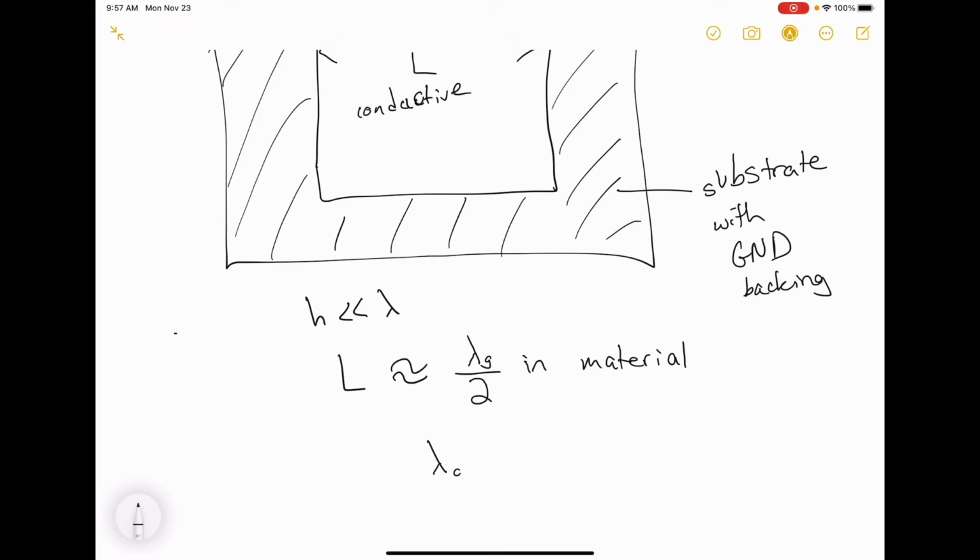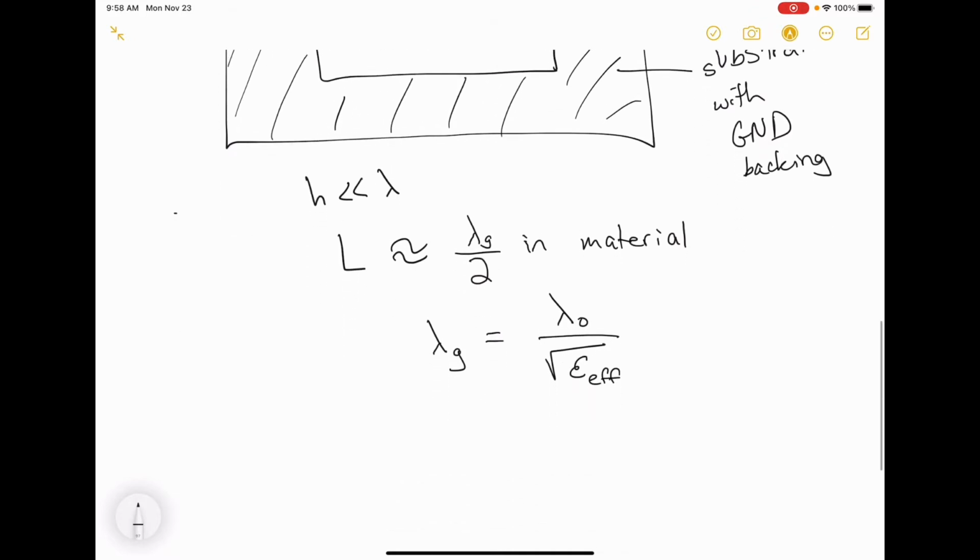And the guided wavelength is the wavelength in air divided by the square root of the effective dielectric constant. In reality, the length that you need is going to be slightly less than half the guided wavelength because of fringing at the edges, which effectively increases the length of the antenna. And we'll talk a little bit more about that later.